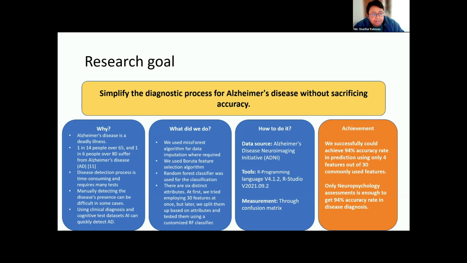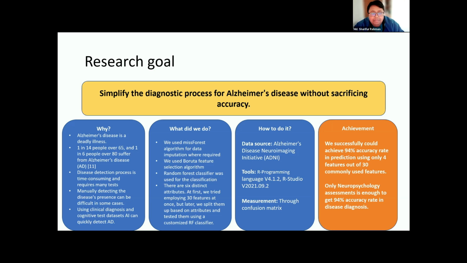So with the help of clinical diagnosis and cognitive test data sets and the help of artificial intelligence, we can detect it automatically. So we tried to do this and to improve the process. So what did we do?